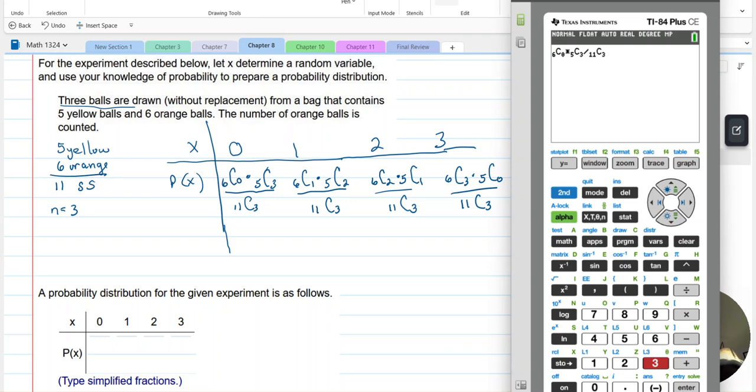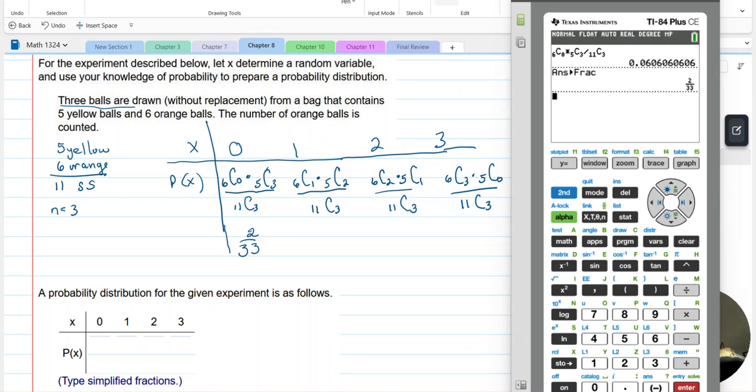Now I've got it. So I'm going to get this fraction. Then I'm going to hit my math and frac. And I get 2/33. Now I taught you that key the last time. Sorry about that.